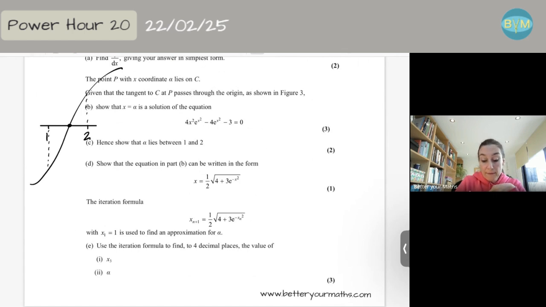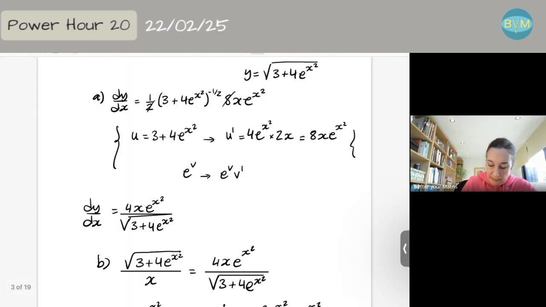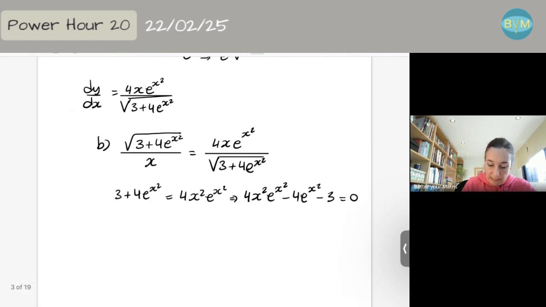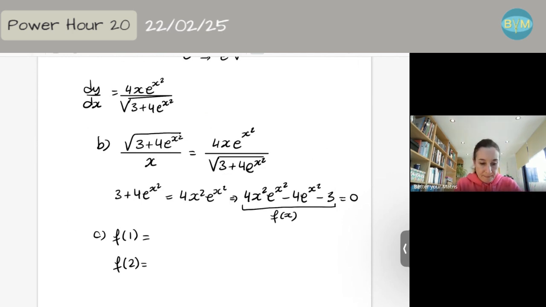So how we show that there is a root between 1 and 2: we are going to find this function for 1, this function for 2, and then check that they have different signs. And if they have different signs, in between I will have a 0. So if we call that function f(x), I'm going to do f of 1 and f of 2 and check that they have different signs, and that's it.